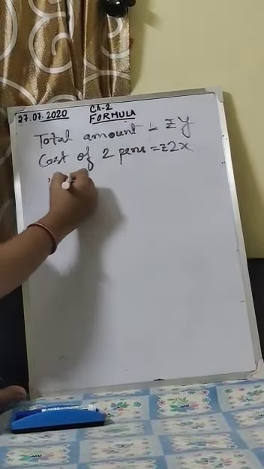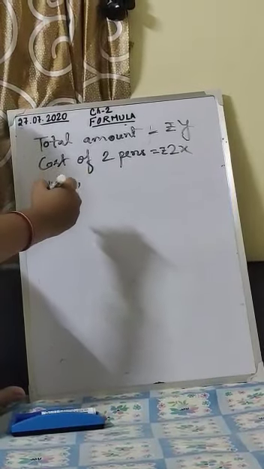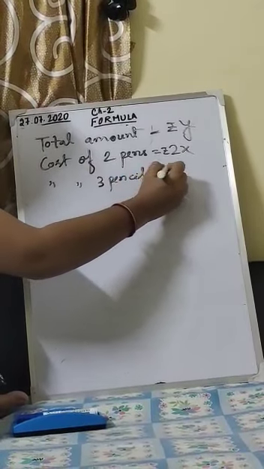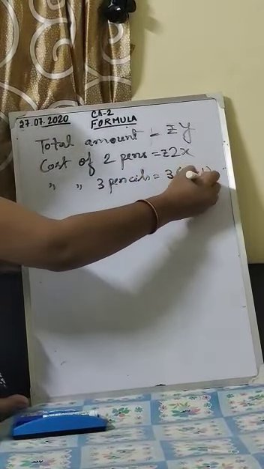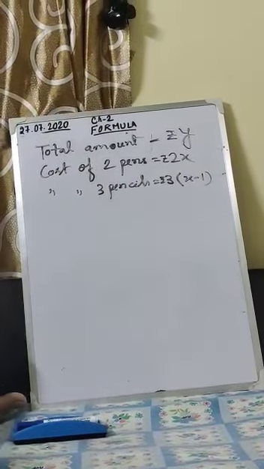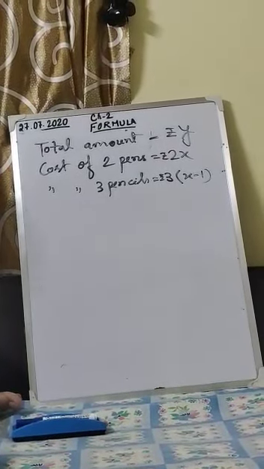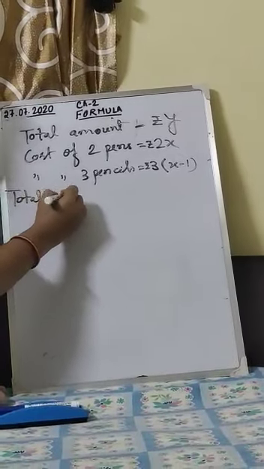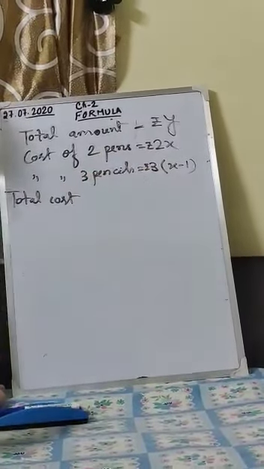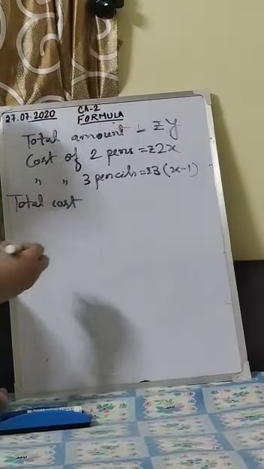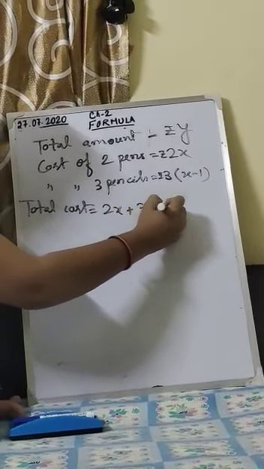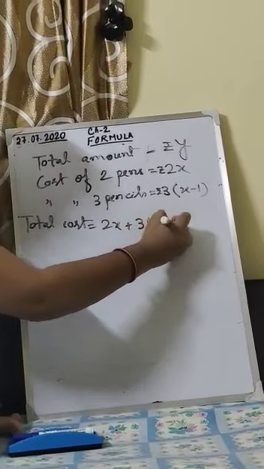Now the cost of 3 pencils is 3 into x minus 1, because it's given 1 pencil costs x minus 1. Now the total cost is what? Total cost means this plus this. Total cost is 2x plus 3 into x minus 1 rupees.